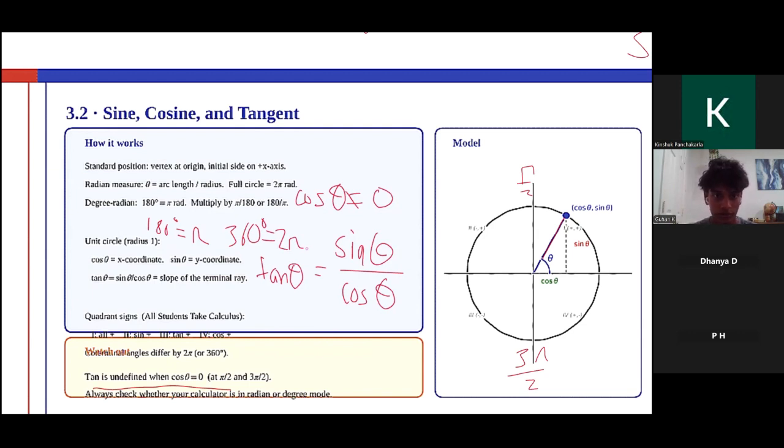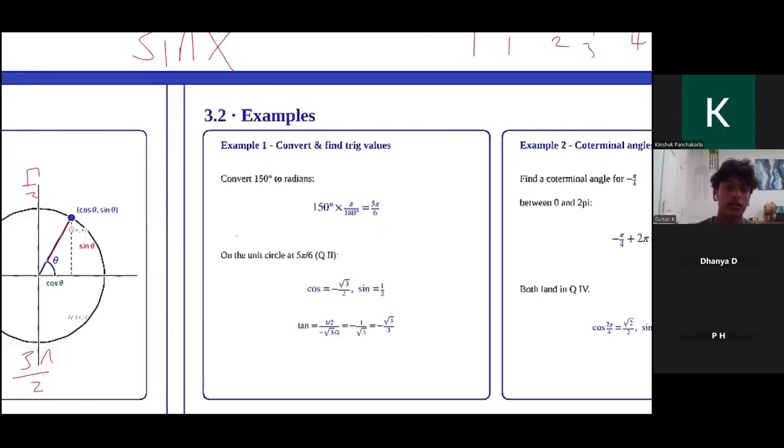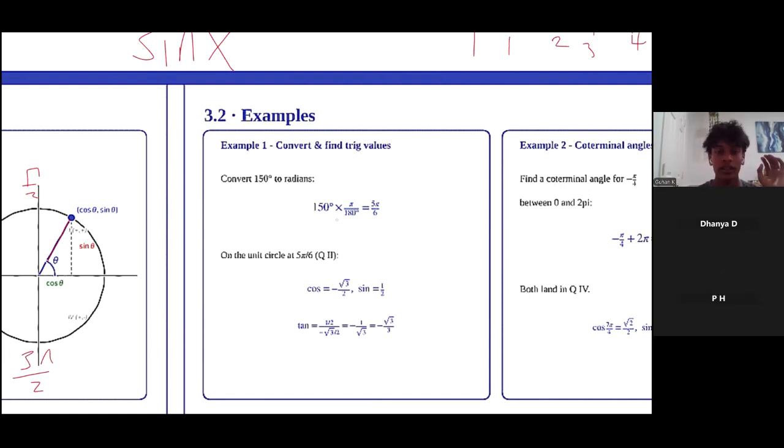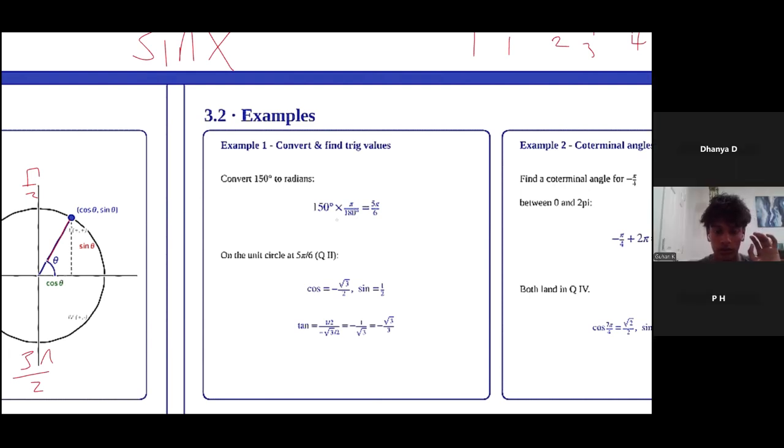Okay, here's an example of converting and finding. Converting 150 degrees to radians. So first we have to do 150 times pi divided by 180, which 150 over 180 simplified is 5 over 6.